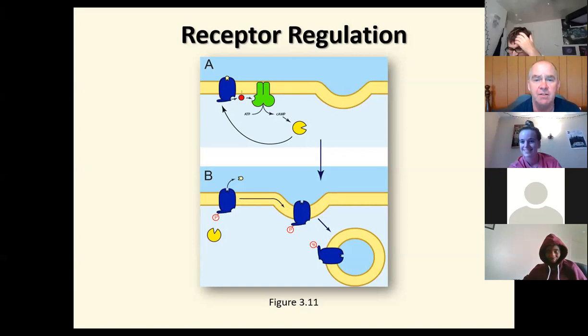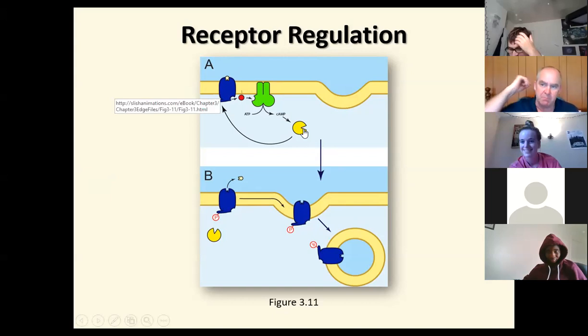And the reason for that is receptor downregulation. When a receptor gets activated by the neurotransmitter, it then turns on some second messenger system. In this case, we're talking about cyclic AMP. Cyclic AMP then activates protein kinases. We talked about that in the last class. These protein kinases go off and produce whatever effect they're going to produce in the cell.